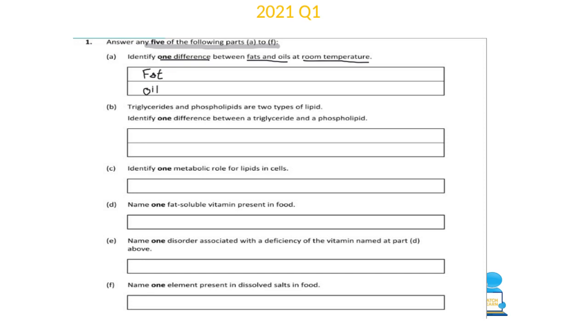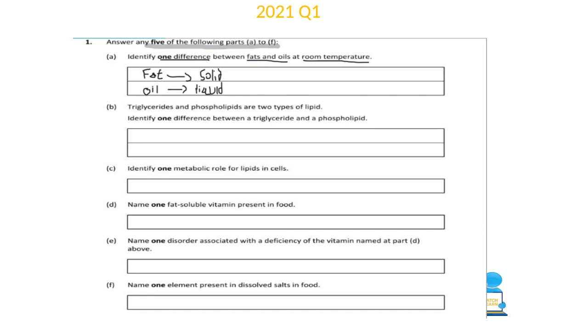And hopefully you're concluding that a fat at room temperature is a solid, and oil at room temperature is a liquid. Again, that's the only difference you need to give between both. Just refer to its state at particular temperature. In this case, it's room temperature.